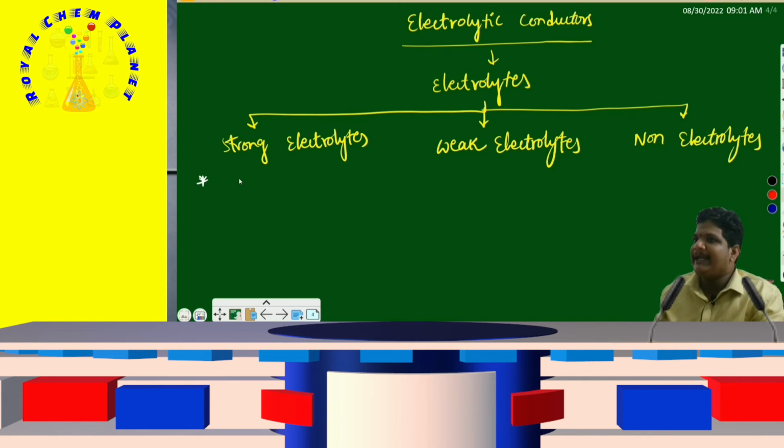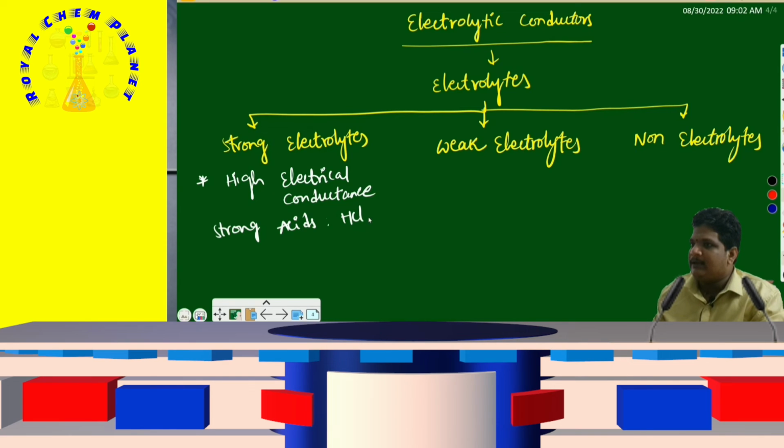In the case of strong electrolytes, they can produce high electrical conductivity. They show high electrical conductance. For example, strong acids like HCl and H2SO4 produce high electrical conductance.